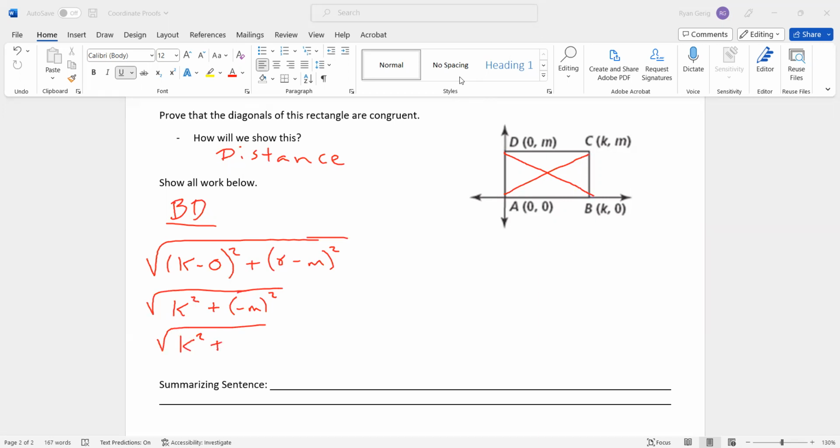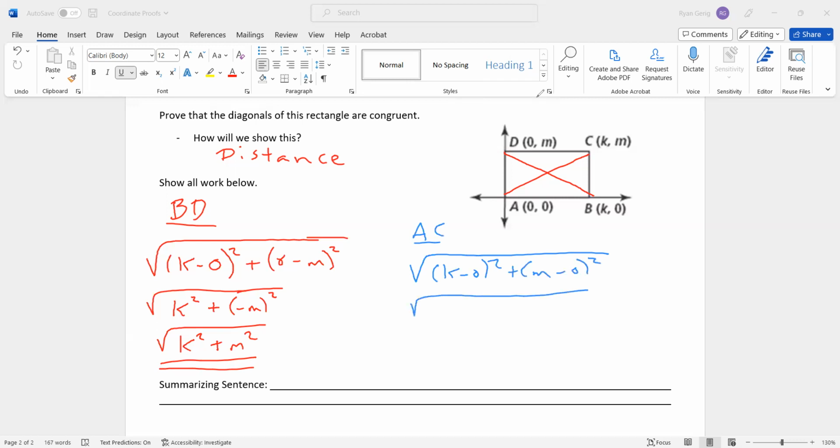So my distance is the square root of k squared plus m squared. Stop there. That's BD. Now let's do AC. So that's k minus 0 squared plus m minus 0 squared. I think you can probably guess what we're going to have here. That's k squared plus m squared. Don't have to do any simplifying.